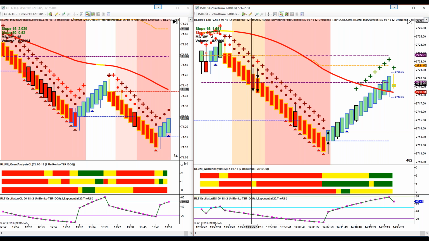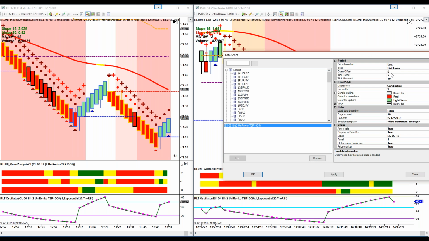If you make the candle body smaller by dropping this 5, the candle body will get smaller. If you drop this to 1, you're going to get a new candle body every 2 ticks. And if you make this smaller, instead of getting a 12-tick candle plus wick on a continuation, you're going to get everything, it's going to speed the chart up.